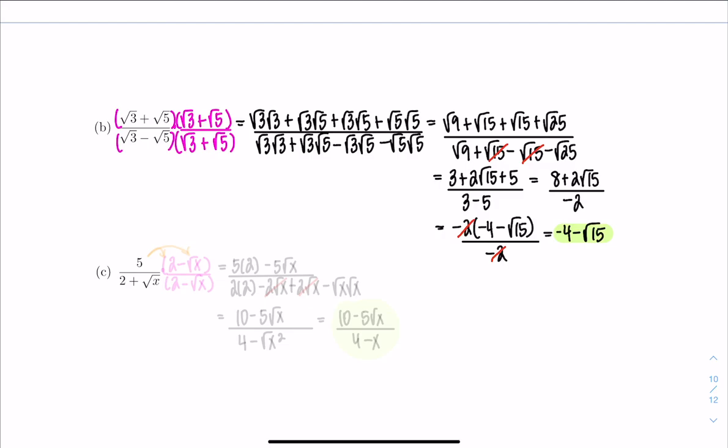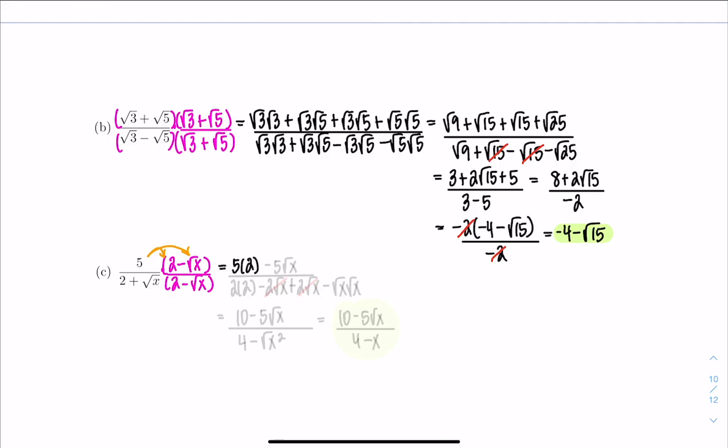And the last one, we want to multiply the top and bottom by 2 minus the square root of x. And so on top, we're going to distribute the 5 to both pieces, and in the bottom, we're going to FOIL.